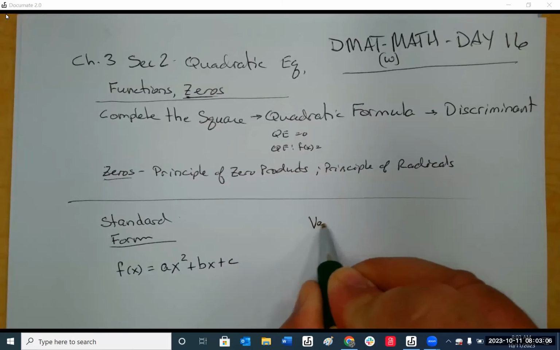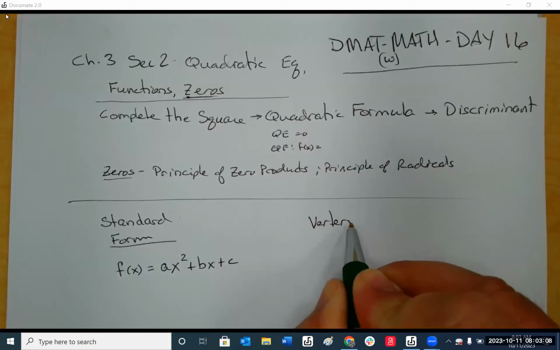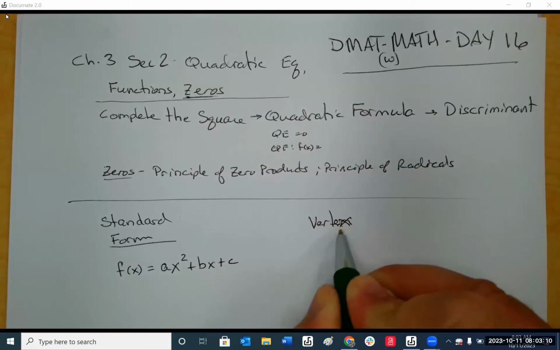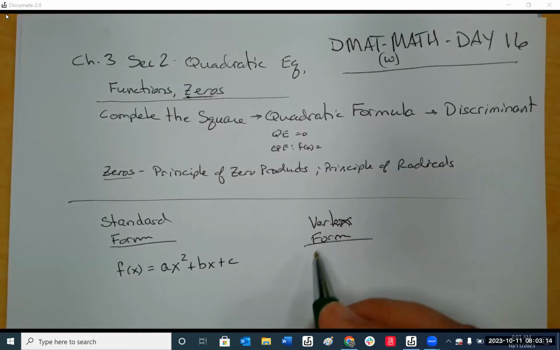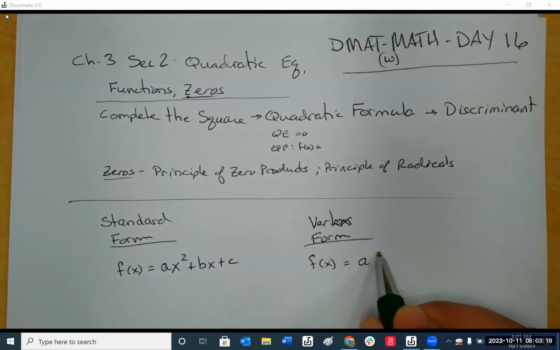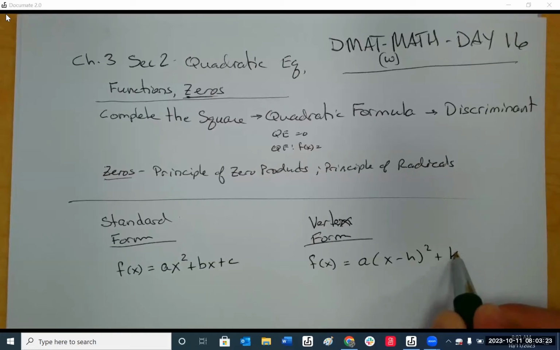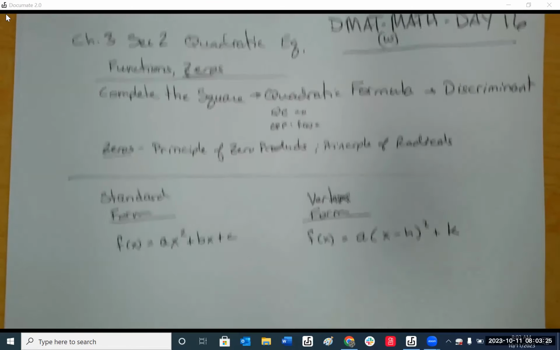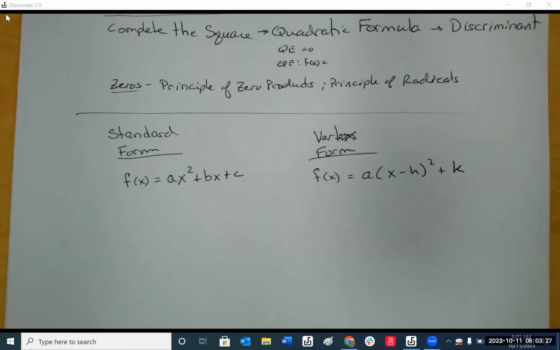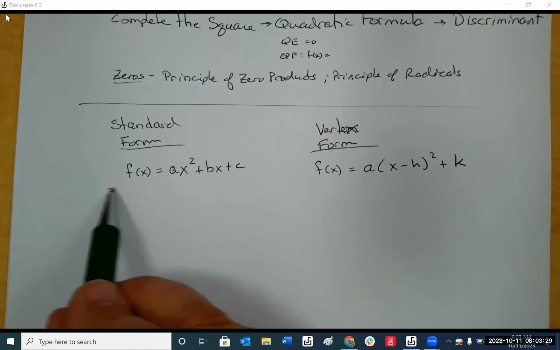And we'll call this one the vertex form. Vertex form: a times (x minus h) squared plus k. And I'll show you how we get to that in a minute, where it's derived from.